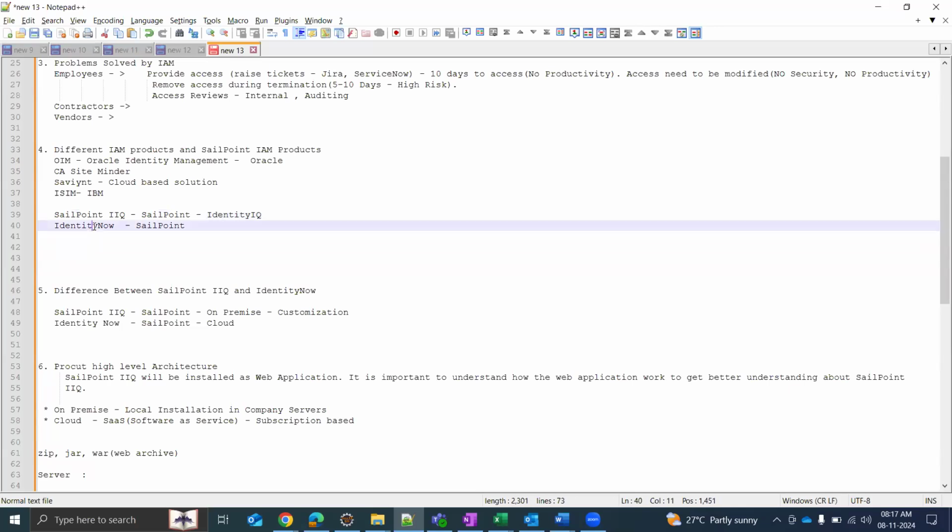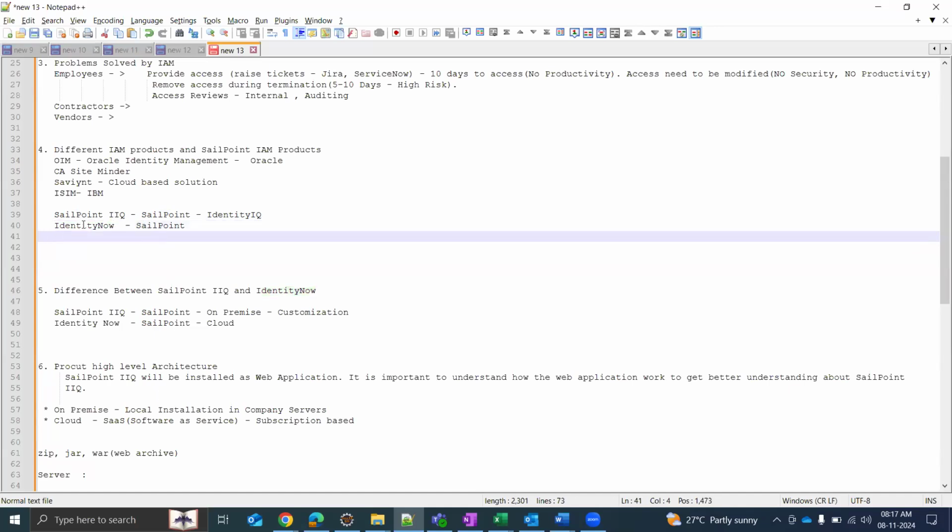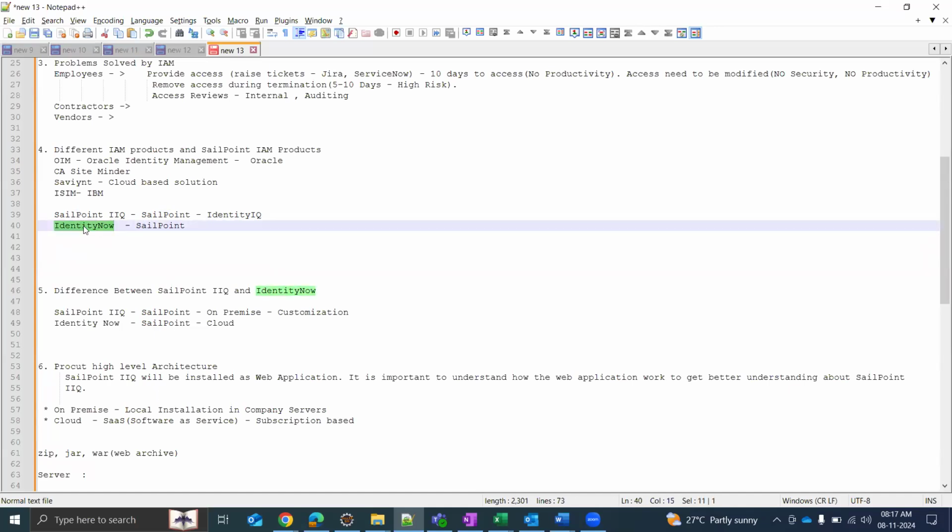Whereas Identity Now is offering the same IGA services as a cloud service. In this case, they will not give you any product for installation, but you have to take a subscription to their cloud services.